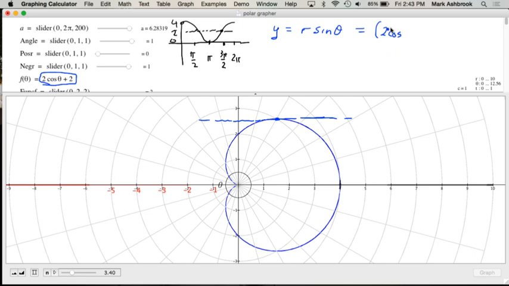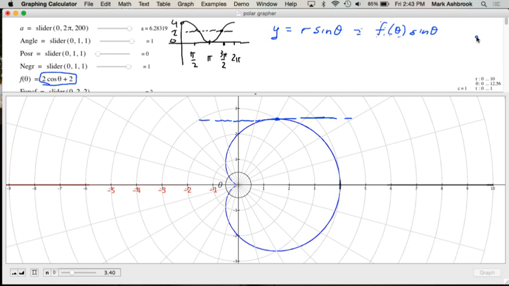Well, before we do that, let's do it generically, right? So if we want to get the maximum y, let's just say r is our function of theta, no matter what it is. In our case, it's 2 cosine theta plus 2. We've got y as a function of theta.